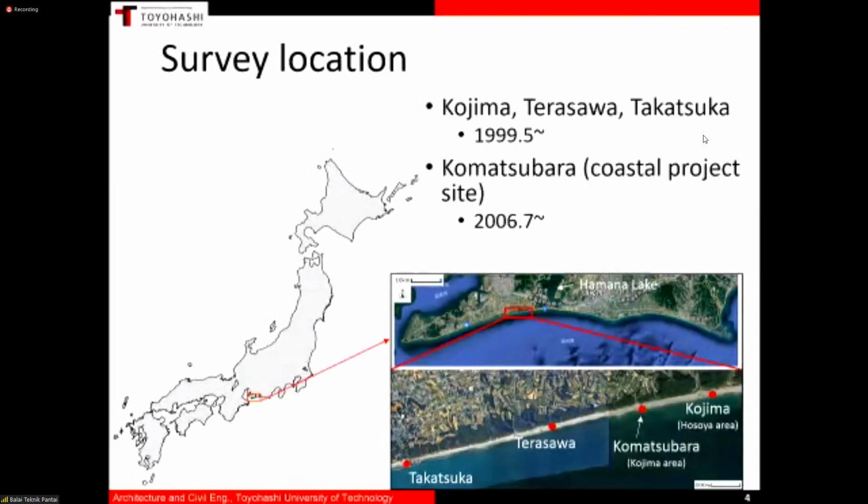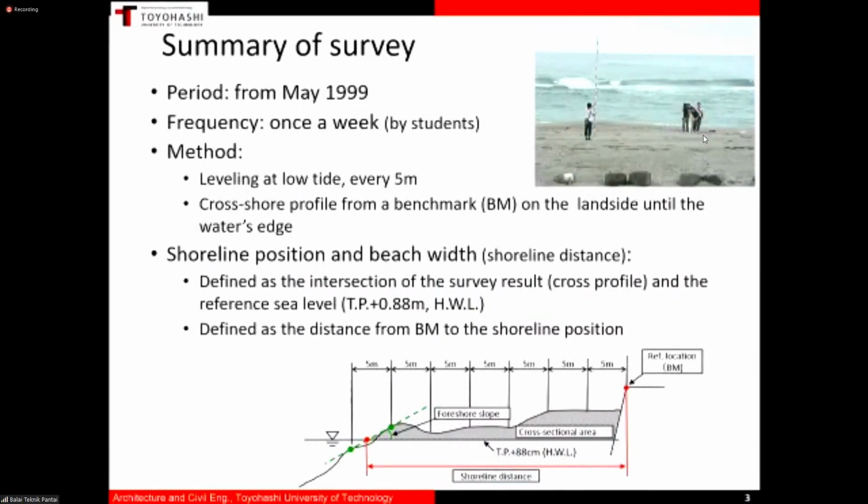Okay, the summary of our survey: this survey started in May 1999 and continues until now. It means we have continued this survey for more than 20 years in our laboratory. The frequency is once a week, done by students. Our students voluntarily conduct the field survey every week.